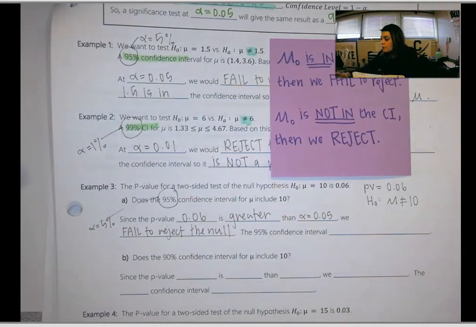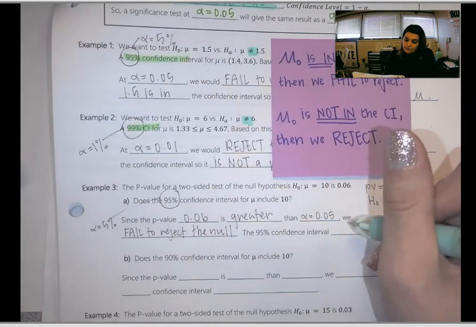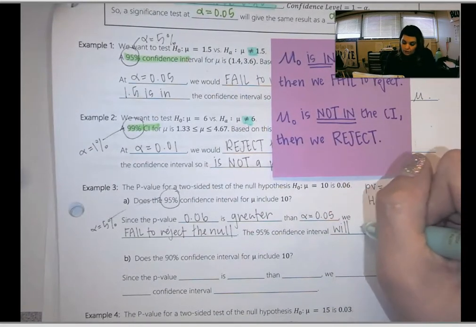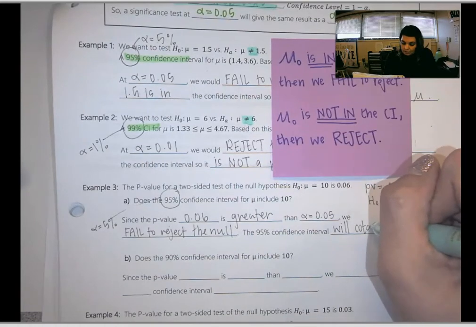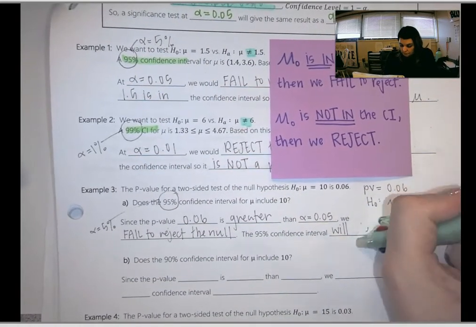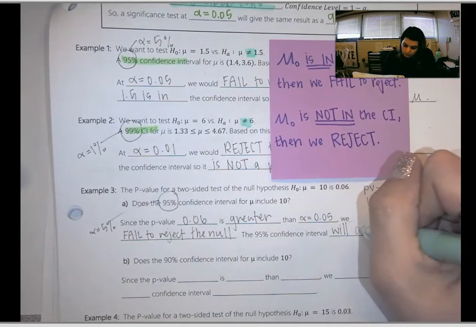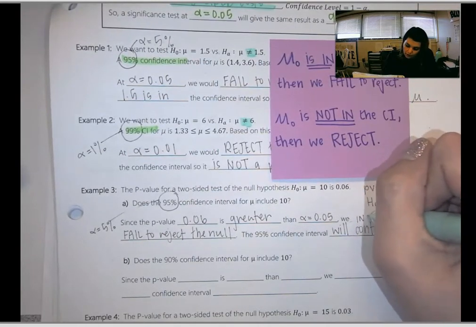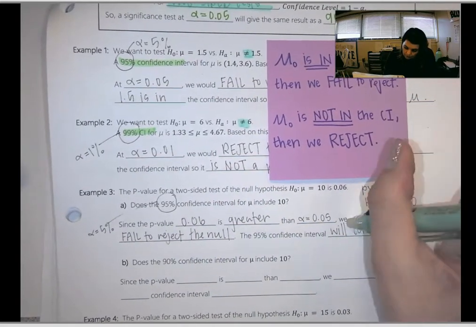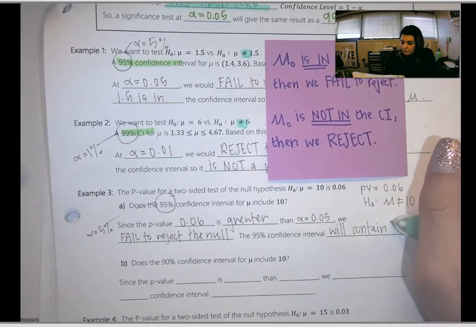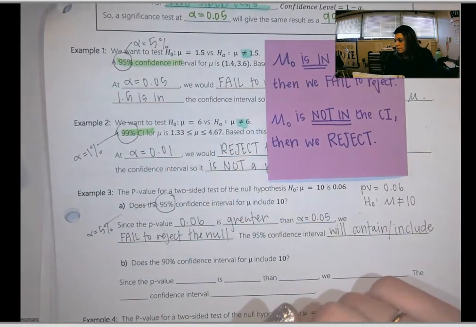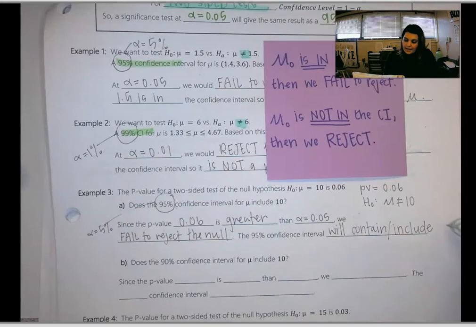So we write the 95% confidence interval will contain, you could also use the word include, 10.